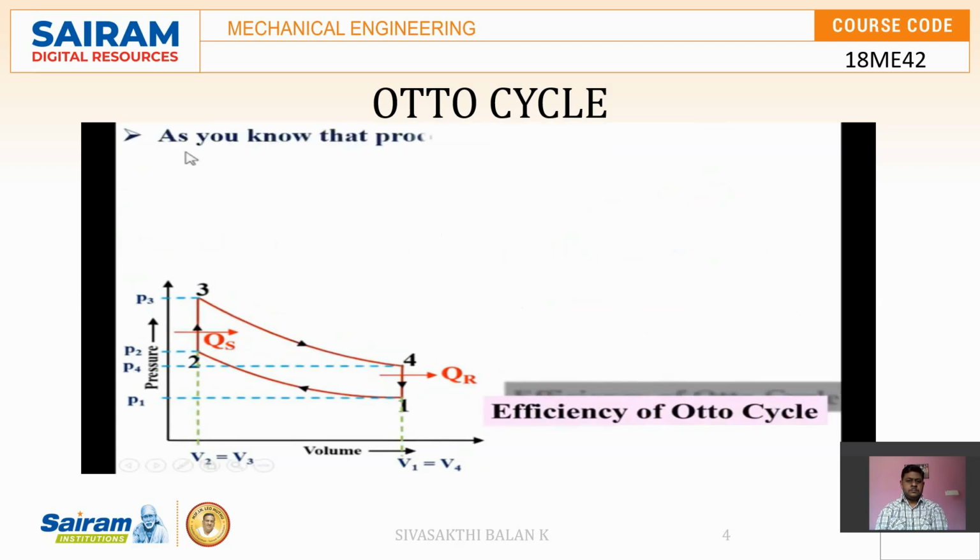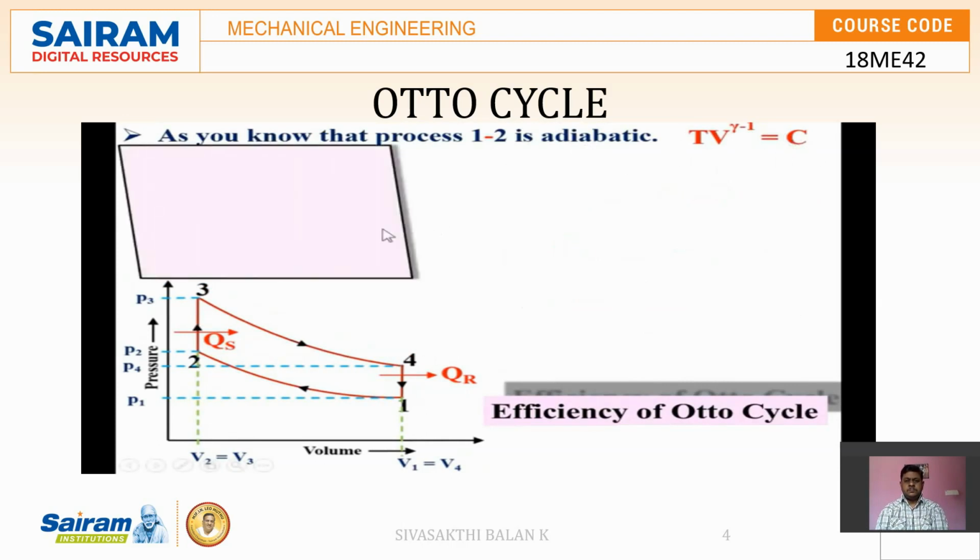Now next page. As you know that process 1, 2 is the adiabatic process, so you can say TV raised to gamma minus 1 is equal to constant. This is the important characteristic for the adiabatic process. So for the process 1, 2, I can say T1 V1 raised to gamma minus 1 is equal to T2 V2 raised to gamma minus 1.